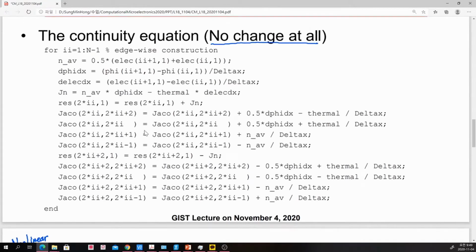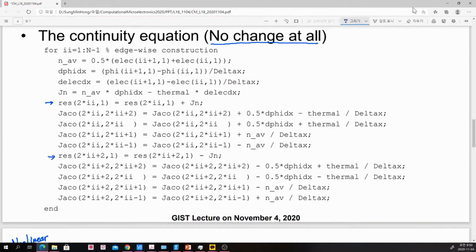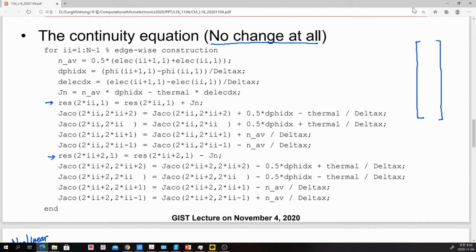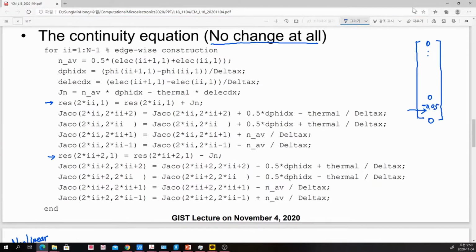Let's go to the continuity equation. In the continuity equation, you have certain values and they are all satisfied by this solution, so there is no non-zero term. So simply speaking, at the beginning of your bias equal to 1 case, everything will be just 0, and just the second last entry will be minus 0.05.